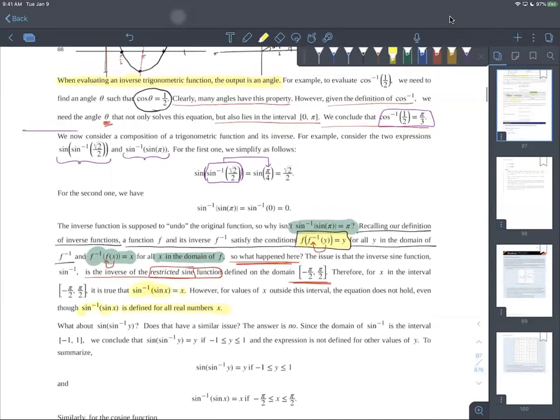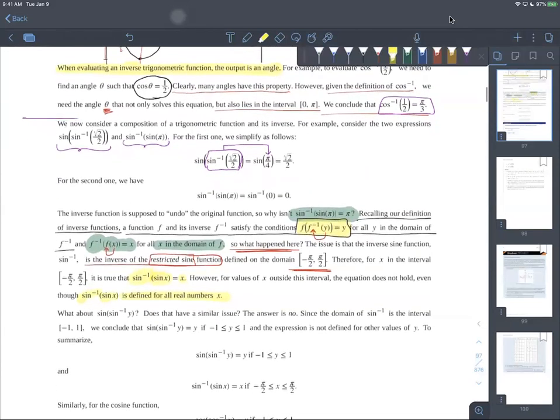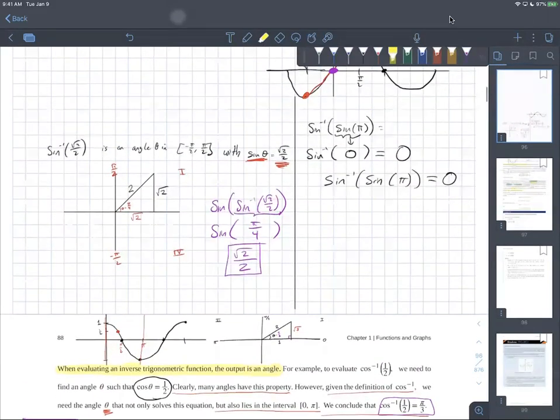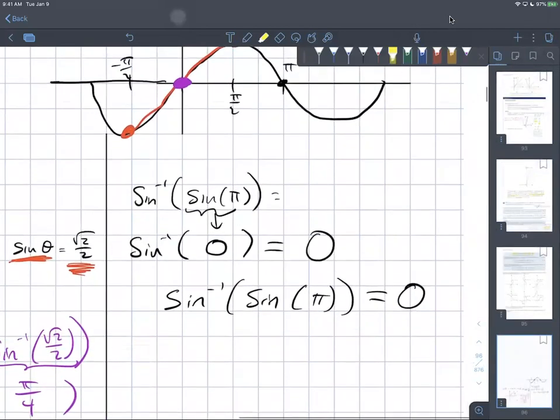So let's take a look one more time. What was the issue here? Remember that sine inverse is the inverse of the restricted sine function. This sine inverse will undo everything that the restricted sine does.